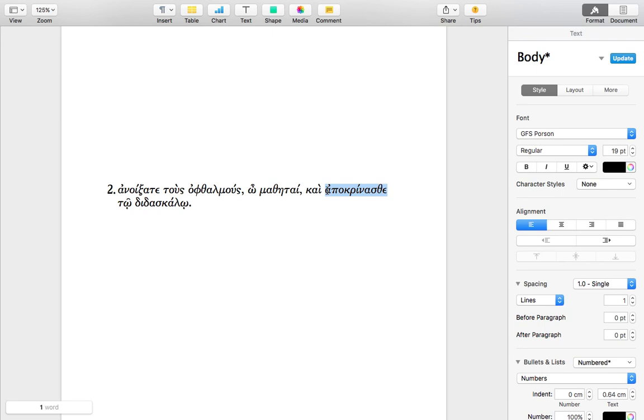It comes from krino, but not just krino, apokrino, and it's in the middle, and so it's going to mean answer toi didaskaloi, your teacher, right? So this one is extremely straightforward. So this is open up your eyes, O students, and answer your teacher. Okay, nothing special about that one. Just some new vocab here that you have to get used to.